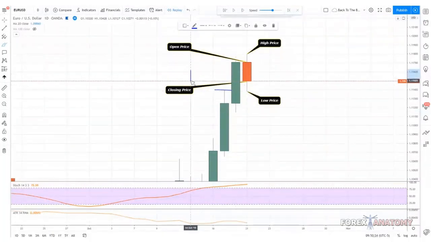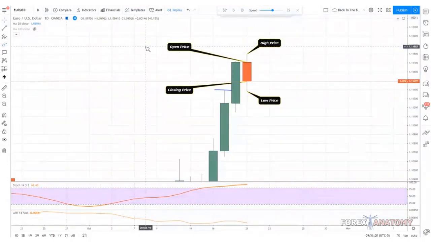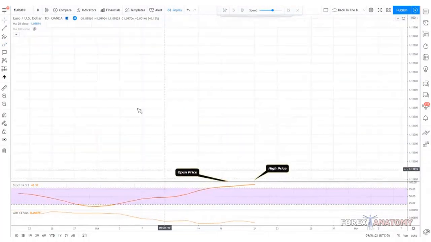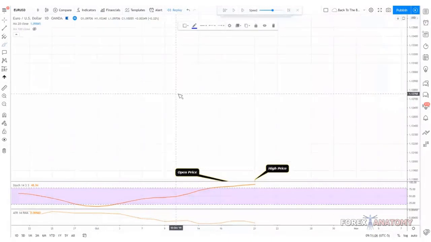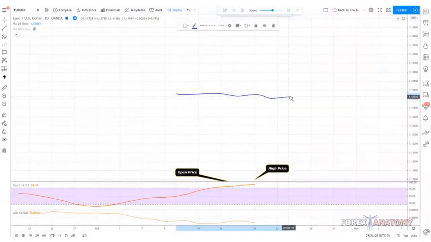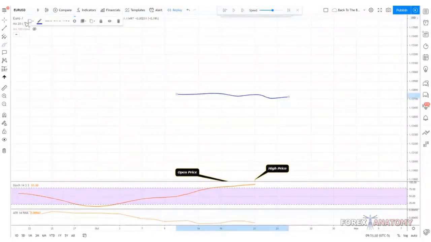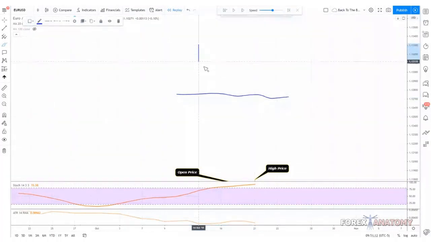Now, for those who may need an understanding or refresher on support and resistance, let me just do this briefly for you guys. Remember what support and resistance is. Let's keep it in simple terms. Let's just say that you had a ball and you bounced the ball on the floor.